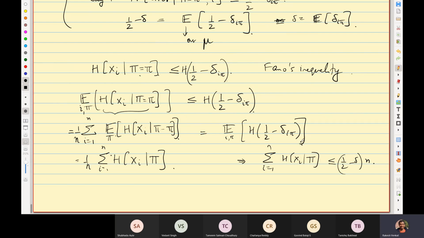Okay, and now we'll use Jensen's inequality to take the expectation inside. If you recall, h of x, the binary entropy, was concave.